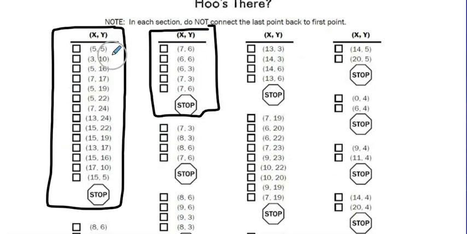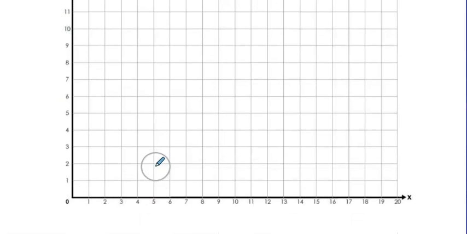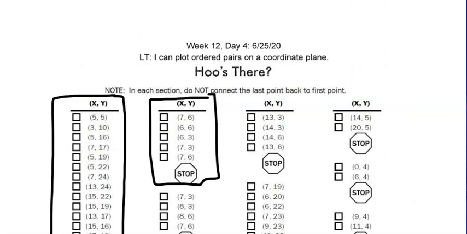So we'll do a couple of these first ones together. If you have a straight edge or a ruler or something that'll help you connect the dots and make straight lines, that's super helpful. The first thing we want to do is 5, 5. So we're going to go down here, look at 5, and then go up to 5 and put a point. There are no letters for this. You're just going to place those points.